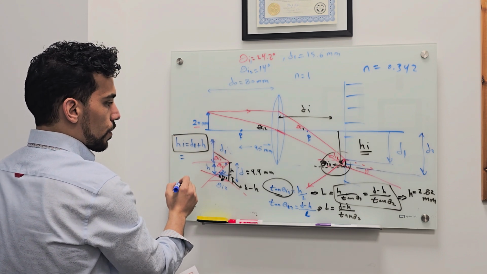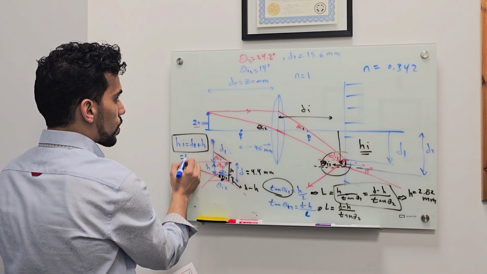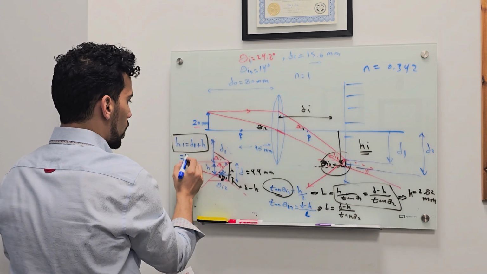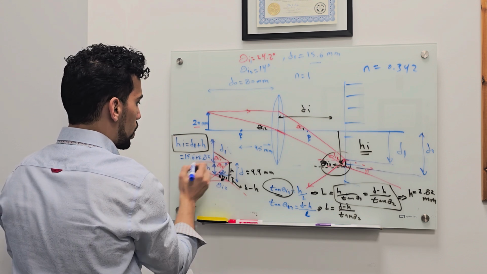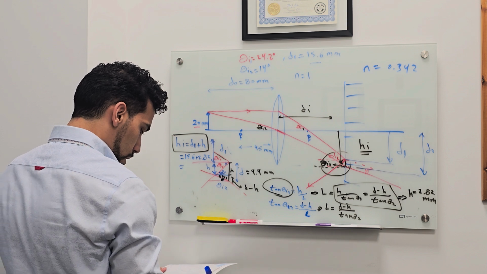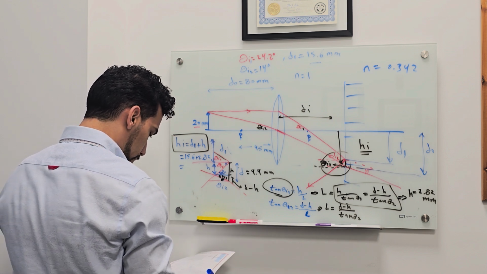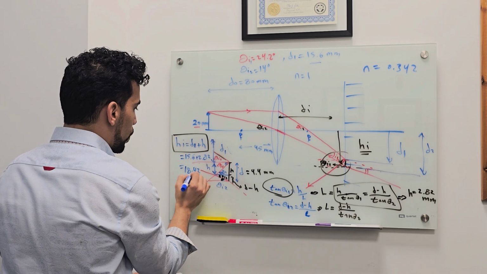D1 was equal to 15.6, as we know, plus 2.82, which means the height of the object is equal to, by the end, 18.42 millimeter.